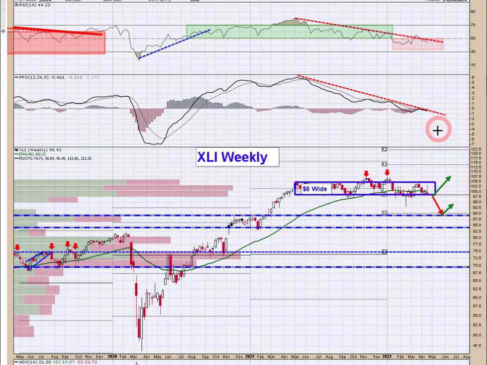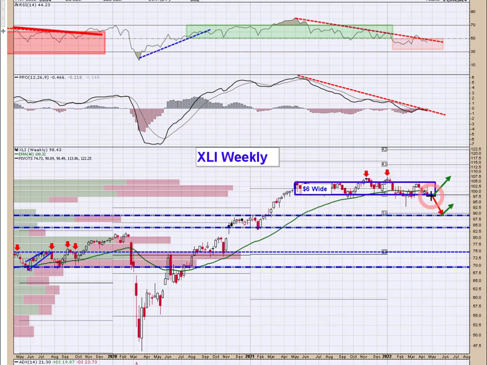Very much the same scenario on industrials. $6 wide consolidation here between 99 and 105. We're sitting right on that level right here, actually 98. So maybe that's a $7 wide range.